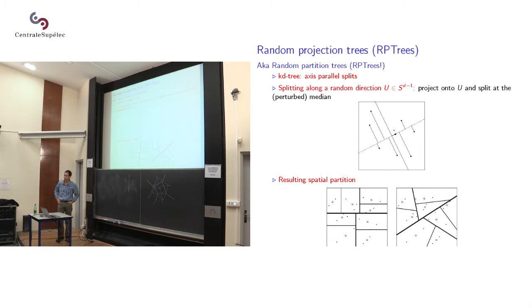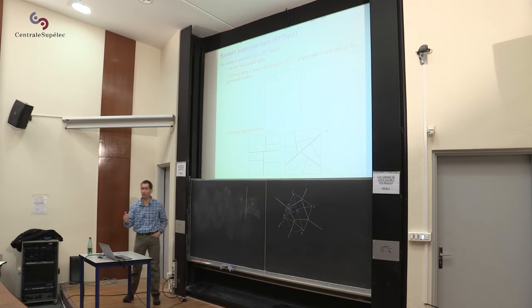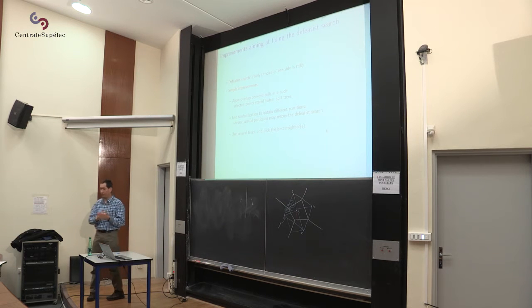Of course, one complication is that the cells in a kd-tree are boxes, hyperrectangles, and now in an RP tree things are much more complicated. But still, the good thing is that we retain the property which tells us that this is a balanced binary search tree.